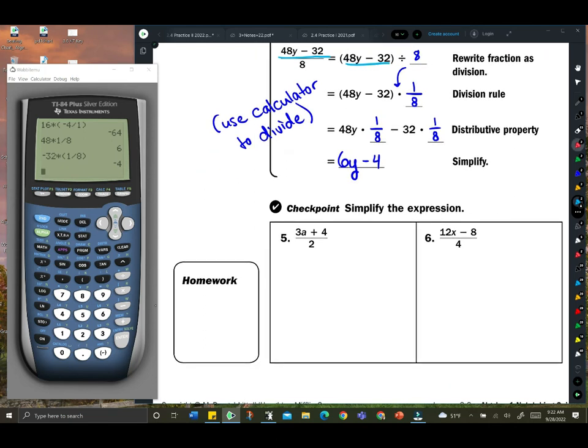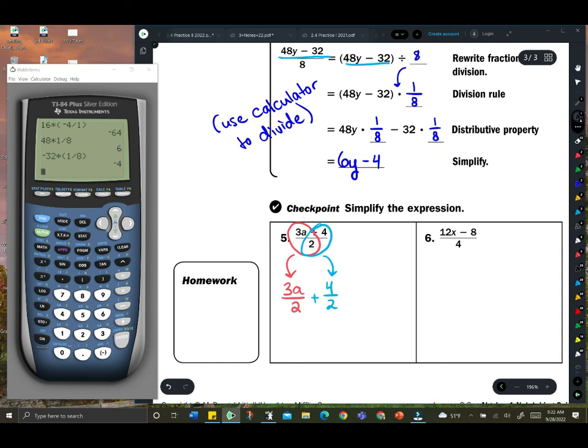Okay, 3a plus 4 over 2. You can just write that as 3a divided by 2. You have to do the other part, 4 divided by 2. Then simplify anything if you can. So this is really just 3/2 a plus 4 divided by 2, which is 2.